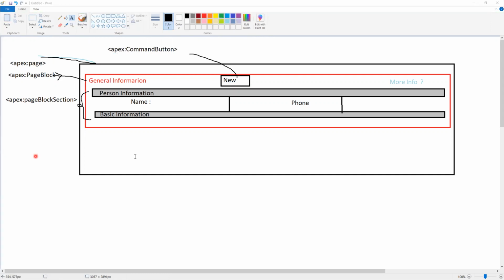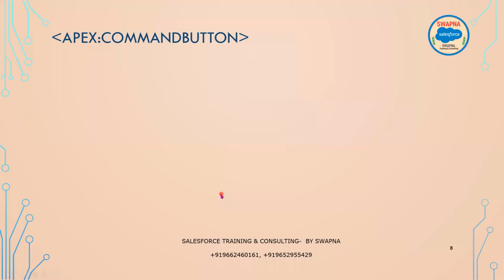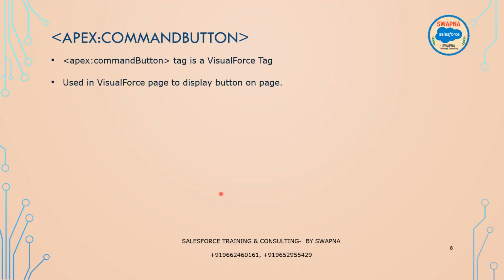Now this command button tag is a Visual Force tag, and it is used in a Visual Force page to display the button on the page. Take a note of it, command button.